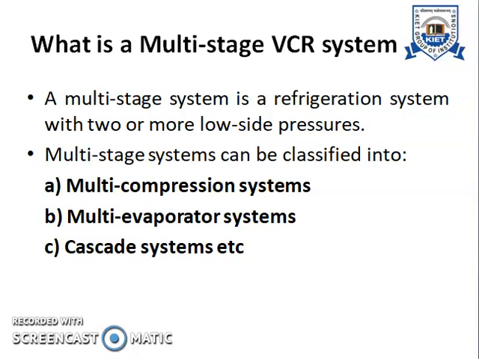And third, we have the cascade system. Again, it is an example of a multi-stage vapor compression refrigeration system, but in this case, we generally use two different kinds of refrigerants for producing very low temperatures.